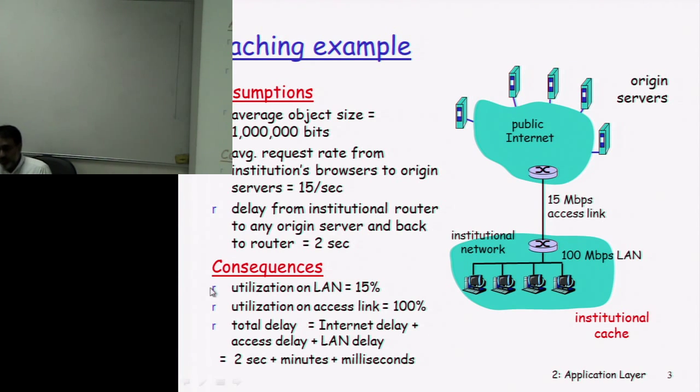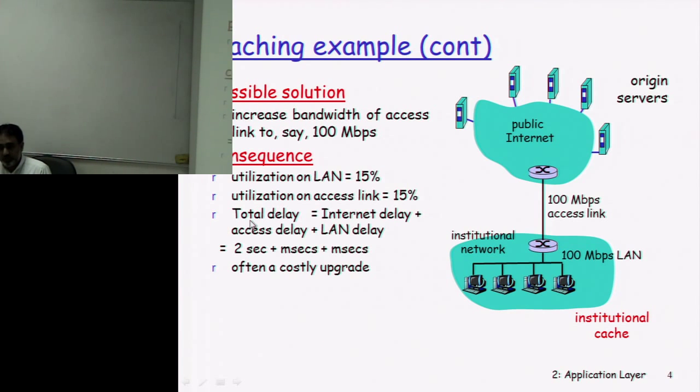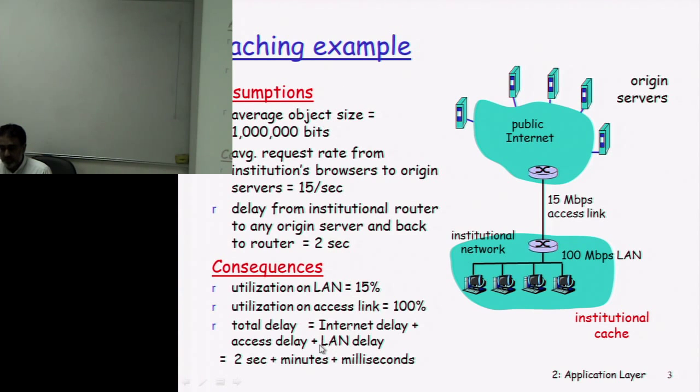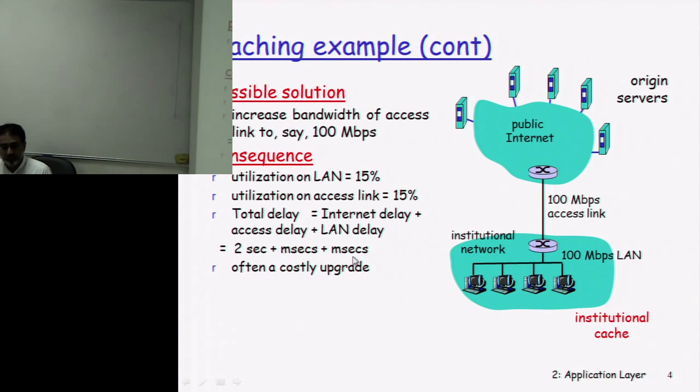Clear? So now in this case the total delay will be the internet delay plus the access delay plus the LAN delay. The internet delay is still 2 seconds, because we have not changed anything here or here. We have only increased the bandwidth of the access link. Clear? So this delay of 2 seconds and this delay in milliseconds are not going to change in this scenario.